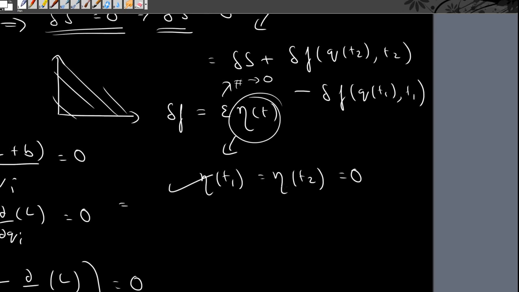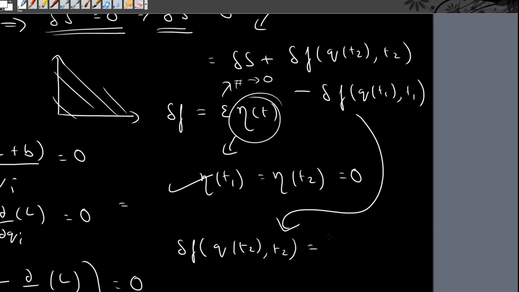Since we defined eta in such a way, this means that the variation of f of q of t2 is the same as writing dou f of q of t2 by dou q, times the variation in q at t2.